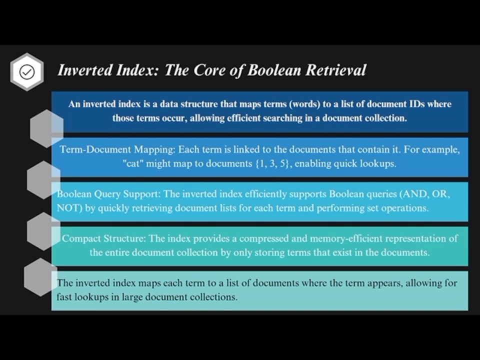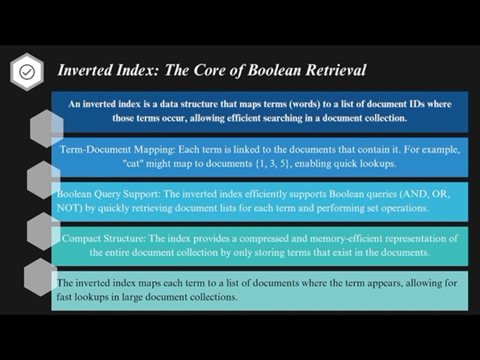Boolean query support: the index efficiently supports Boolean queries. It retrieves the list of documents for each search term and uses sets, for instance, to give you the results. Next, the compact structure. The inverted index is more efficient because it only stores the terms that actually exist in the documents.